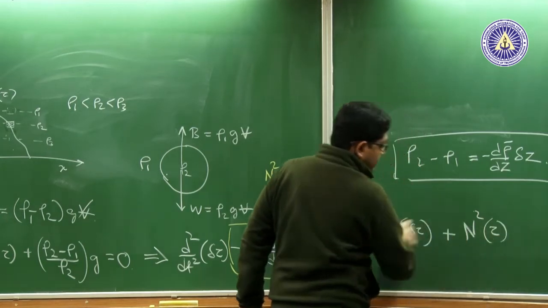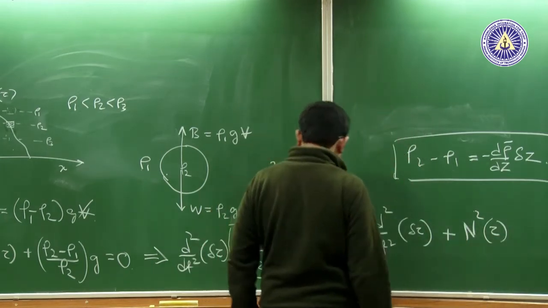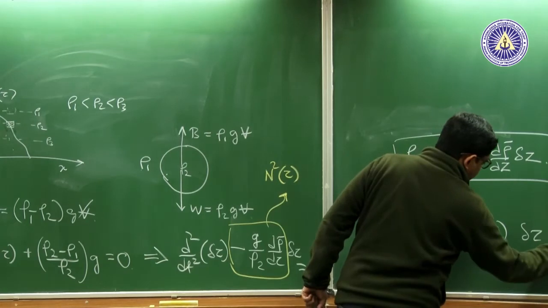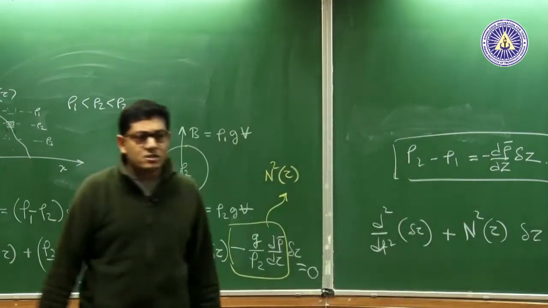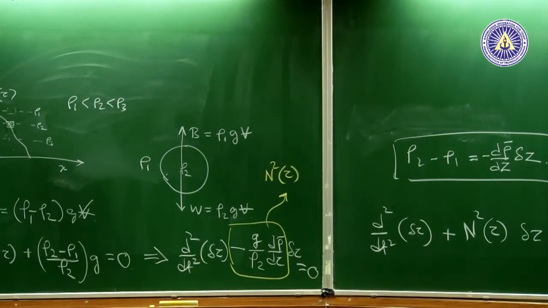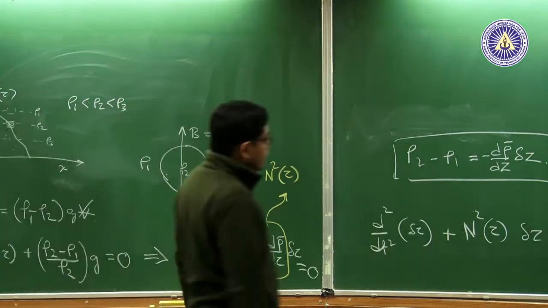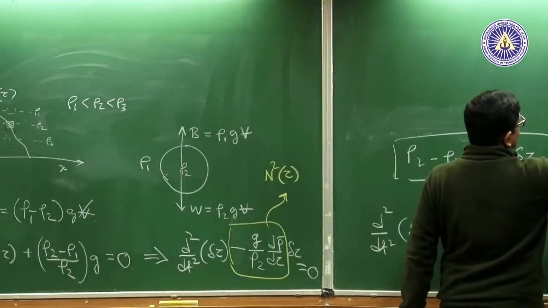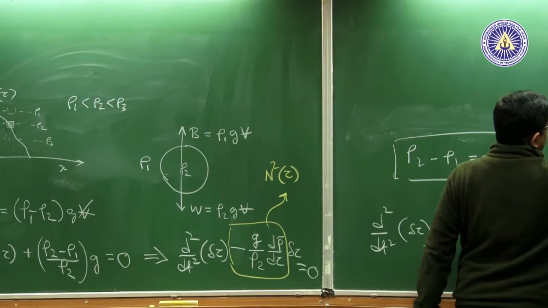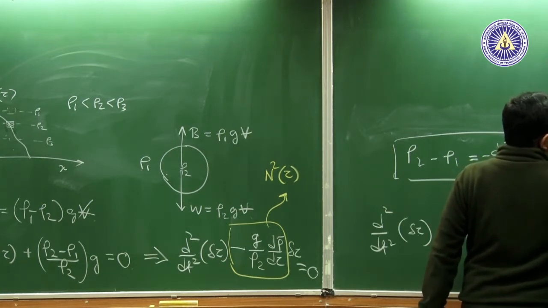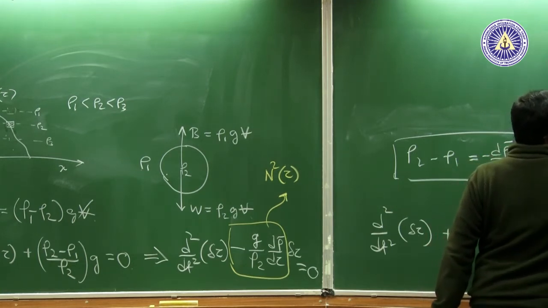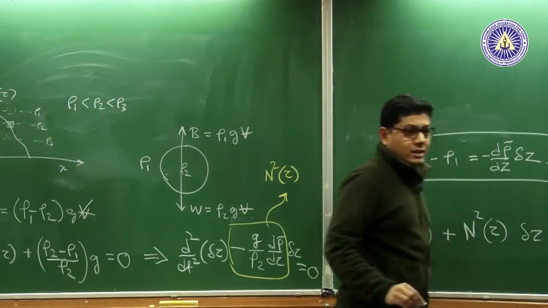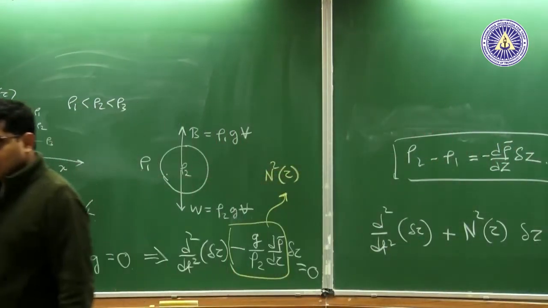Just to remember that N square is a function of z, and for simplicity there is no need to assume that. You can assume N square as constant also. So, simple oscillations, you know that this is the equation, right?